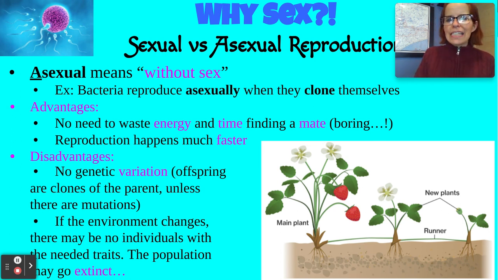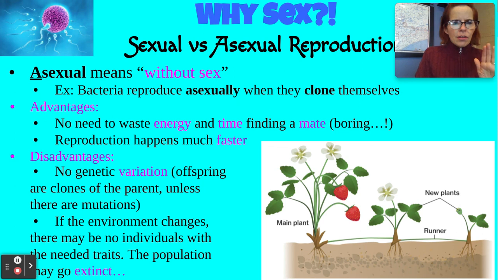So being genetically diverse increases the chances that if something happens in the environment, a new disease, a new weather pattern, like global warming or global cooling, new predators, new food sources, or the loss of food sources, any of those environmental factors, if you have a diverse species, then you're more likely to have some individuals in that species who can handle that new change, because you're not all exactly the same.